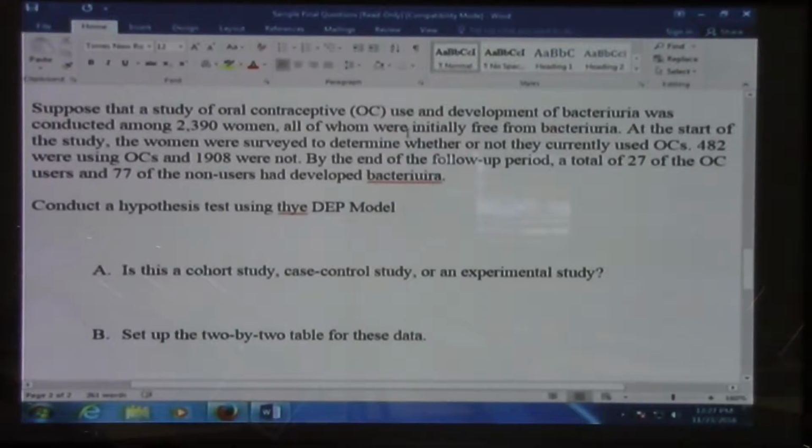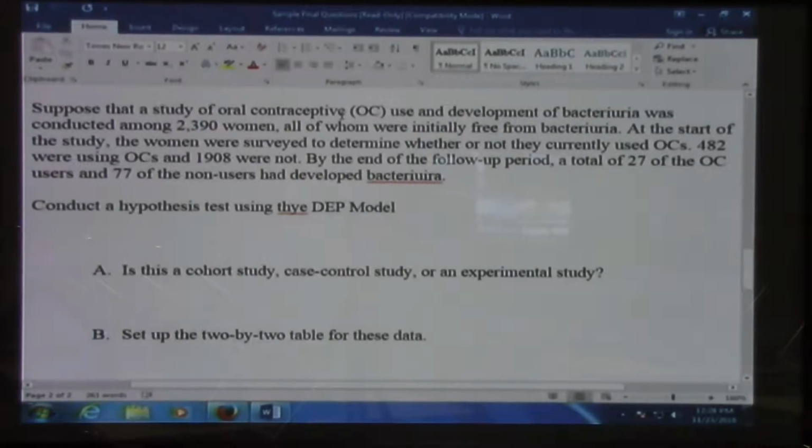So the key things we need to notice in here, all of whom were initially free at the start of the study. Which thing here is the exposure and which thing is the outcome? Well, it should be clear from even the order they talk about it.